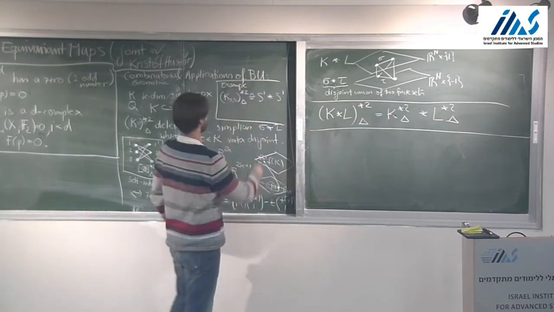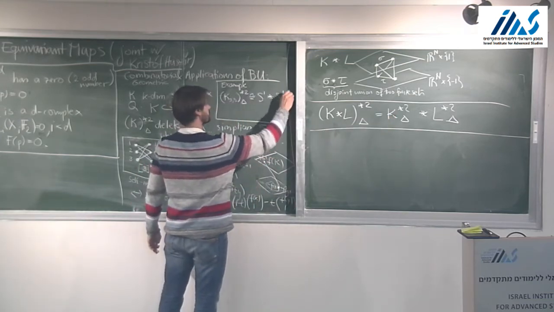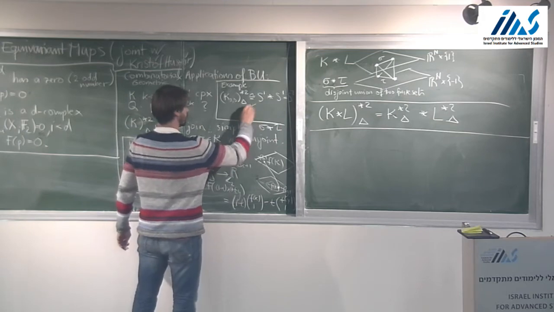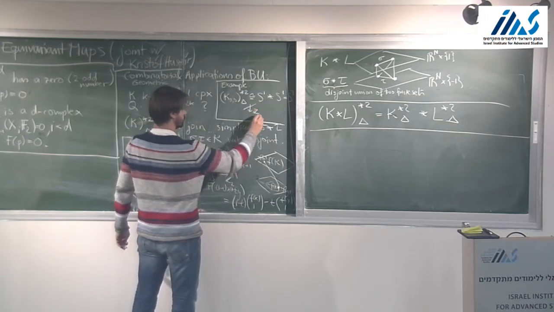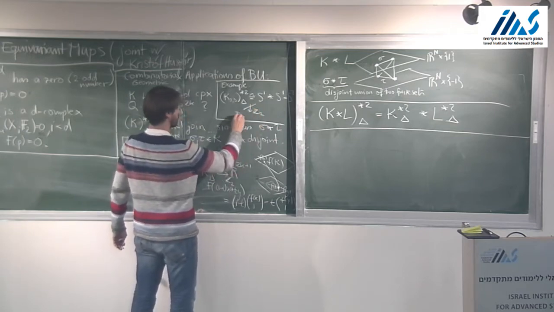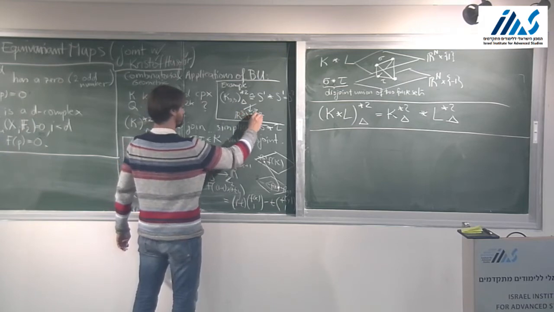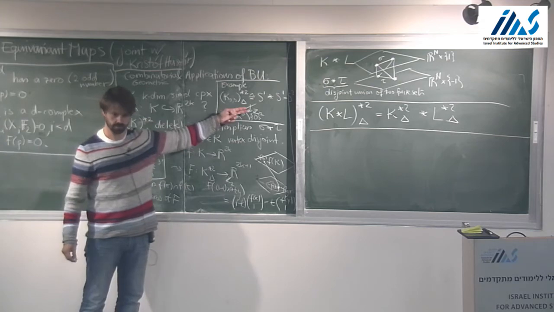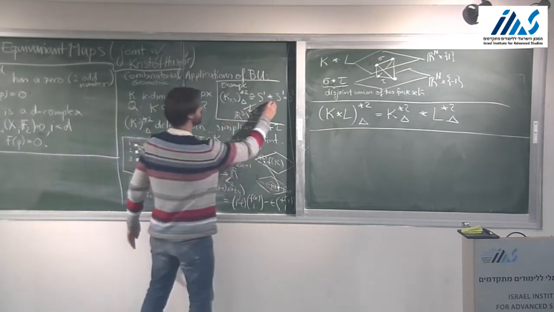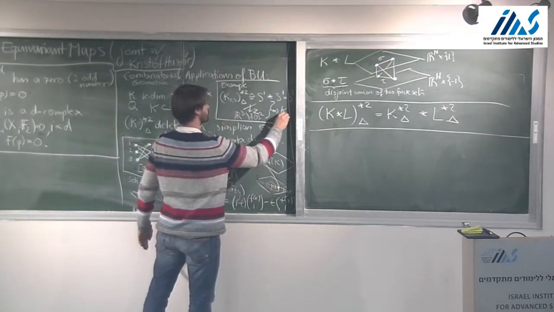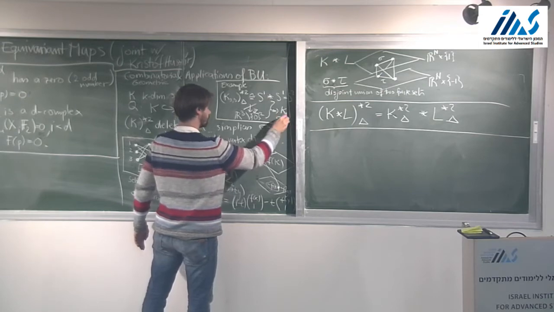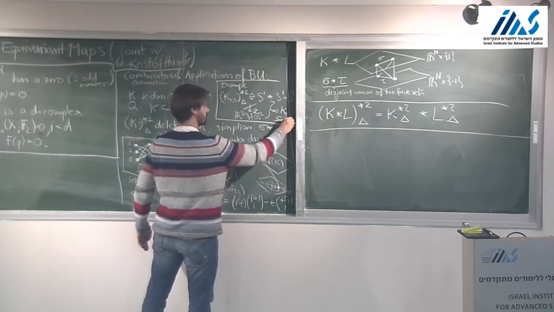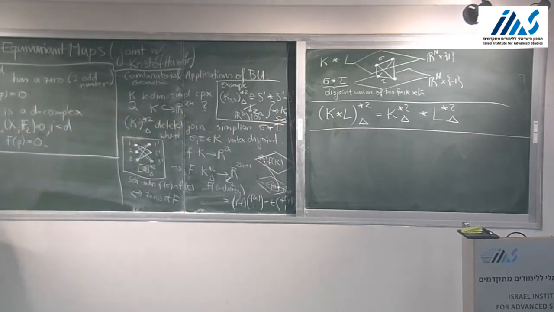So you have S1 join S1, which is S3, which does not allow an equivariant map into R3 minus 0 by the Borsuk-Ulam theorem. So therefore K33, as we know, does not embed in the plane.